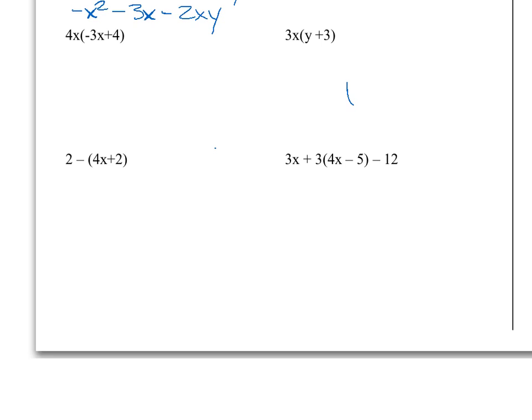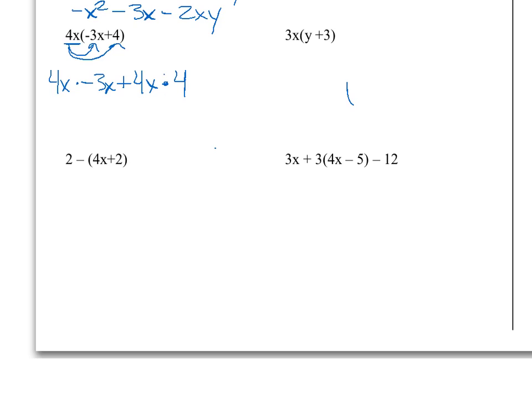Okay? So the next one is a little bit easier. It's still distributing a variable. So when I do that distribution, I'm going to write out the multiplications. 4x times negative 3x plus 4x times 4. For 4x times negative 3x, I can multiply the number parts. 4 times negative 3.